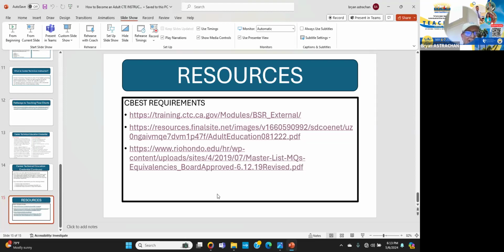www.riohondo.edu/HR. And if you go to that, what's going to happen is that basically you'll see that for every academic position, there's a set of requirements, whether it's non-credit or credit.